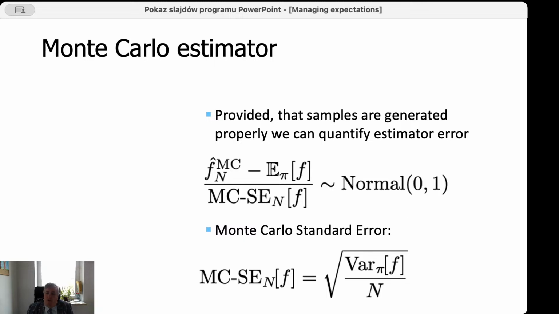And the Monte Carlo standard error is defined as the radical of the quotient of the variance of our function f corresponding to our distribution divided by the number of samples.